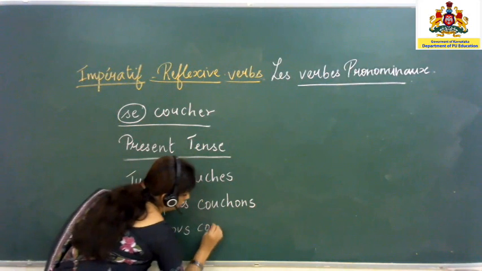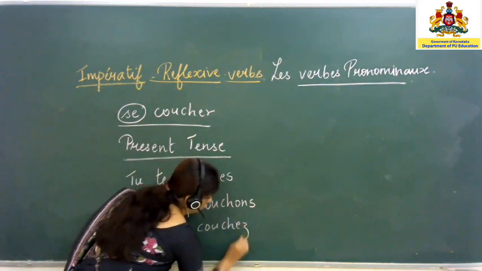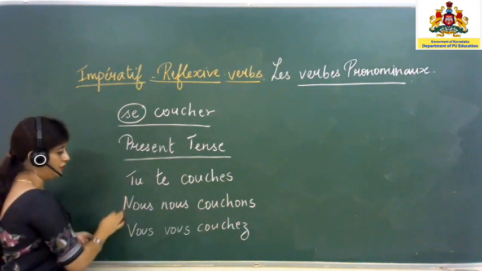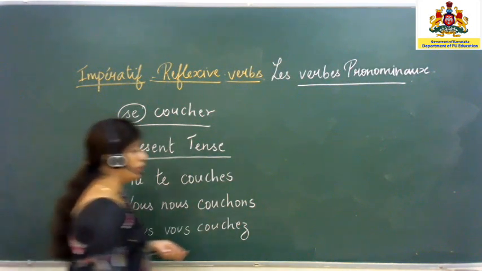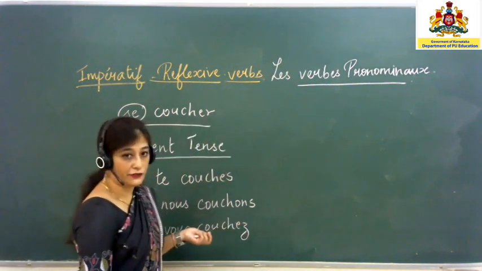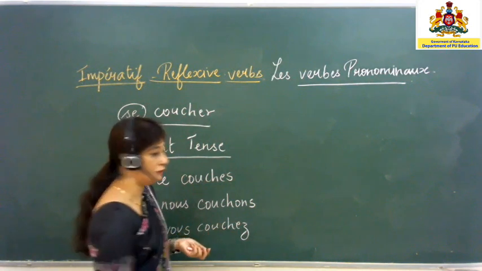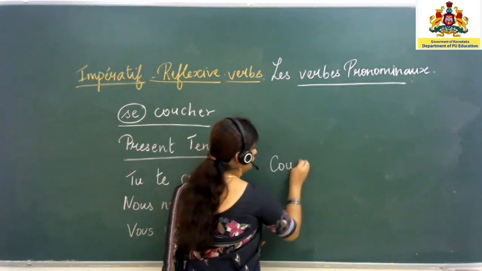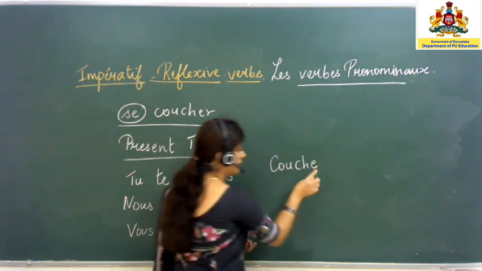Vous vous couchez. This is the present tense. Now, I should remove the subject pronoun. Fine. So, it is slightly different over here. Please listen very, very carefully. So, it's going to become couche. It is an ER verb.